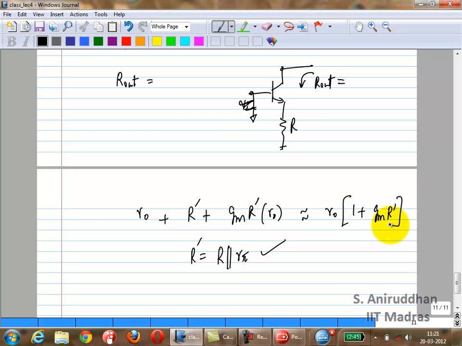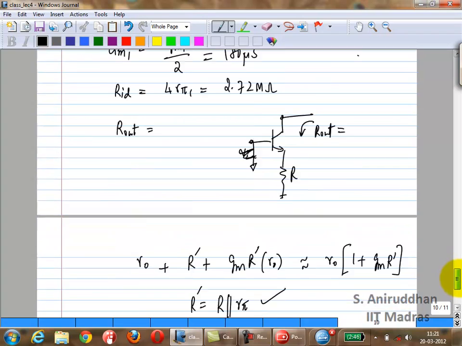So the reason I asked you to calculate this is it's actually R out into 1 plus GM R prime. Normally we have been neglecting that one term. Here we are going to see a case where it is not necessarily negligible. Why am I saying that?